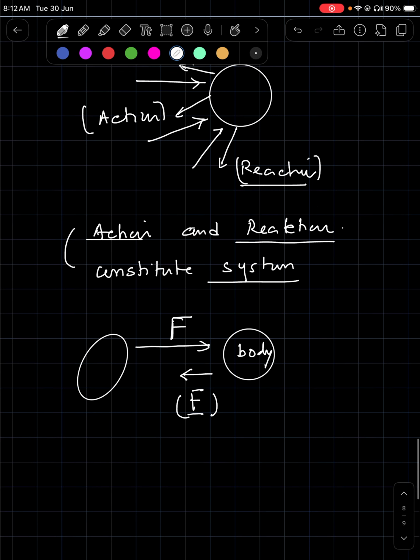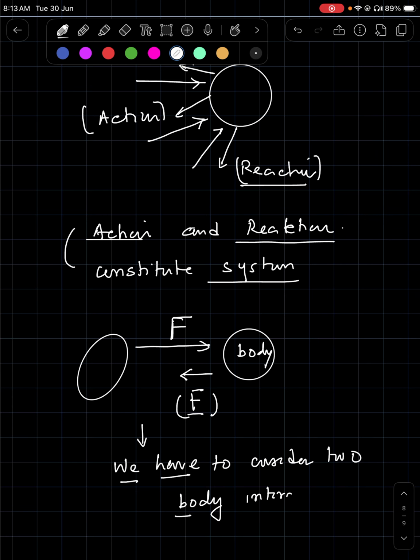So that is why this law is not telling about the action reaction force. Actually, it is telling that we have to consider two body interactions always. So it is about the two body interactions. It is not about the one body interaction, right?